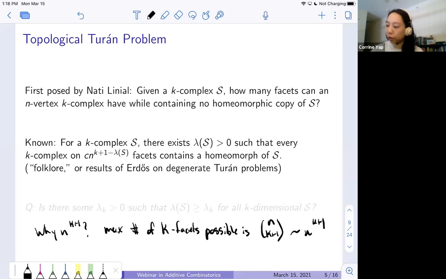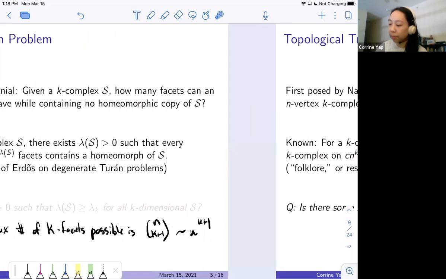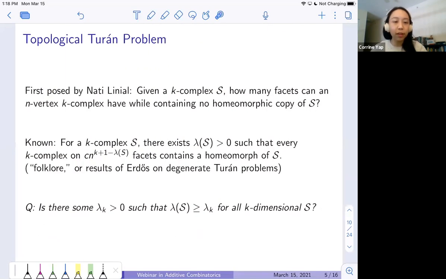This result we cited in our paper as folklore, but you can also read it off of some of Erdős's results on the degenerate Turán problems I mentioned earlier. So this was already shown. And the main question that we're considering now is, can we find some so-called universal exponent?